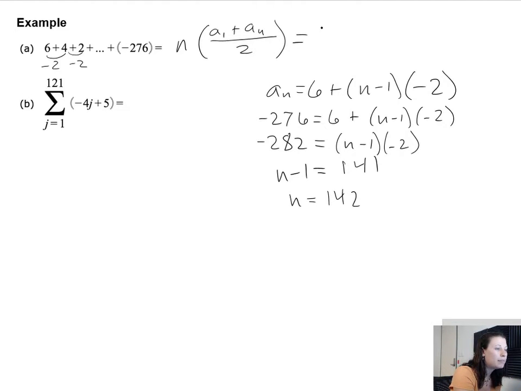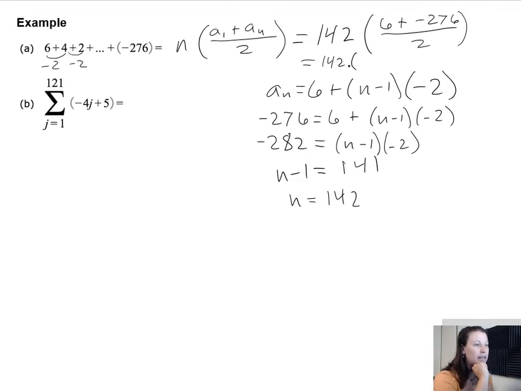So now we can set up 142 times a1, which is 6, plus an, which is negative 276, over 2. So then we have 142 times 6 plus negative 276 is negative 270. Divided by 2 is 135.